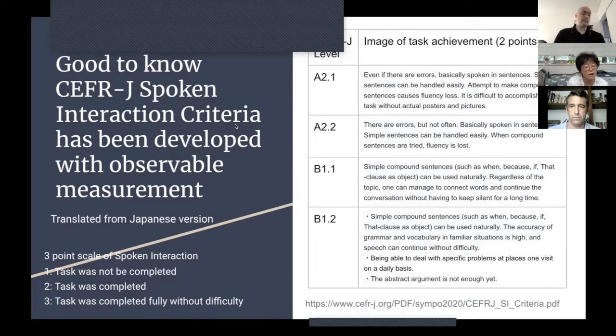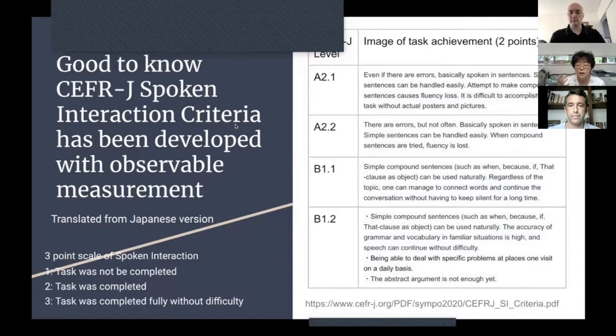If you take a look at this, this is a translation from the Japanese version to English. And this is a 3-point scale of spoken interaction. One is the lowest and 3 is the highest. 2 is the average, and it's the completed, the satisfactory level. If you compare, for example, A2-1 and A2-2, 1 is low and 2 is high in that range.